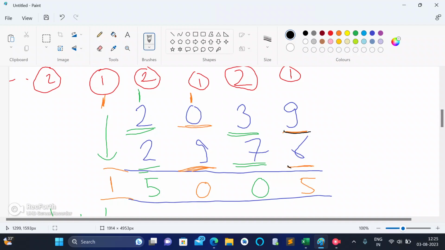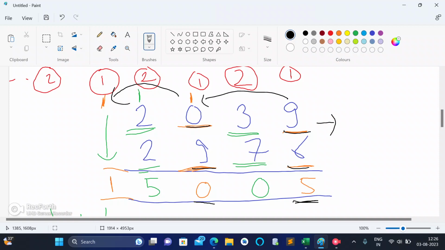Let's only focus on the first section. 9 plus 6 is 15, we put 5 here and move the carry to this. Then 9 plus 0 is 9, and plus 1 is 10, so we put 0 here and move 1 here. Let me write it another way.